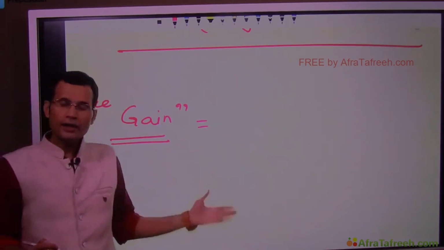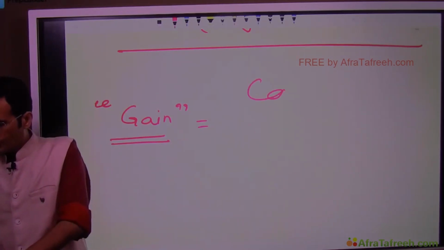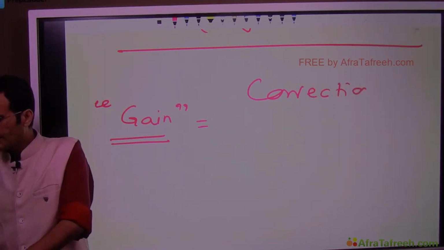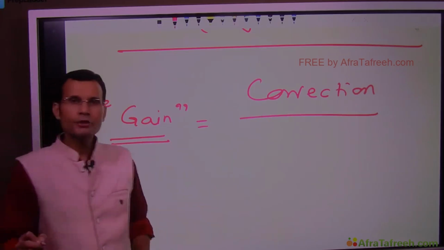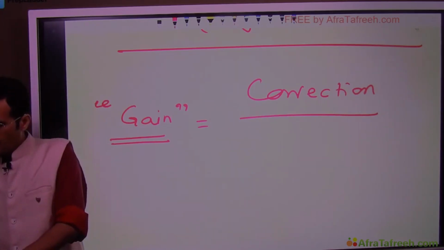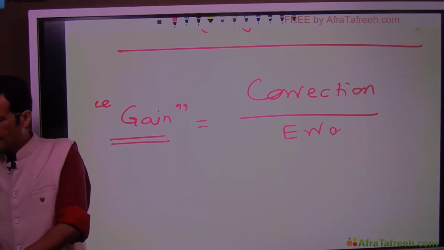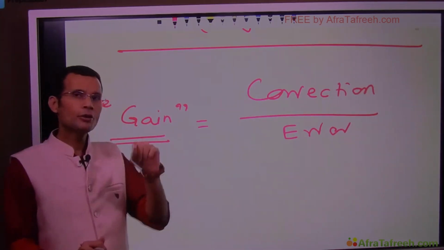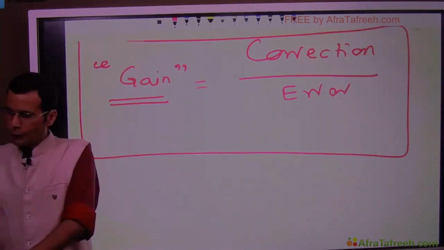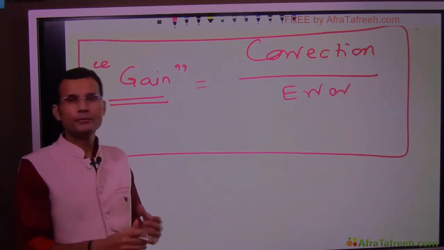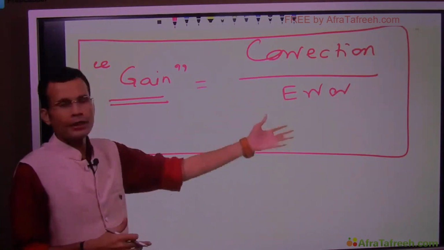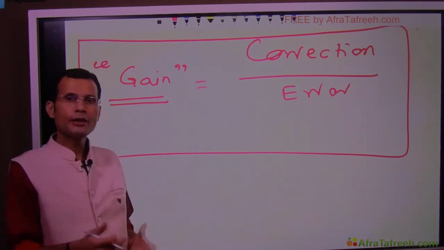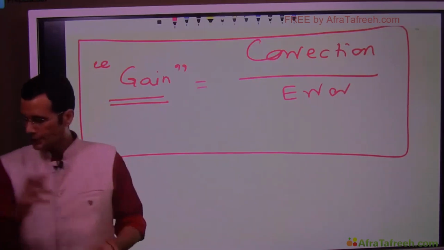And gain is equal to correction applied by the negative feedback mechanism upon residual error. Correction applied upon residual error. This will be required for you to solve the MCQs. They may give you the data and ask you to calculate which one is the most efficient system.